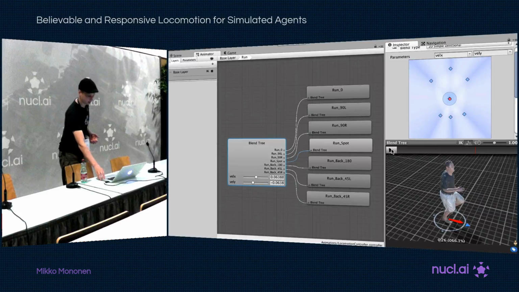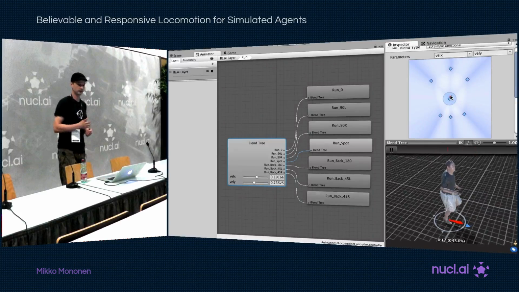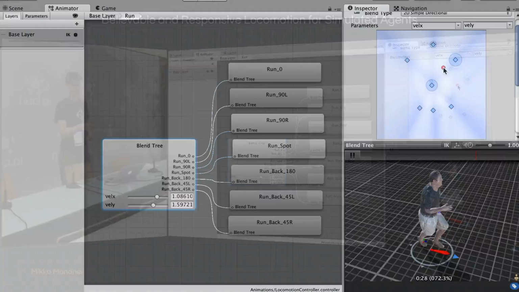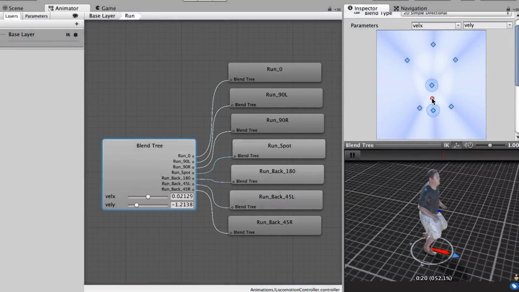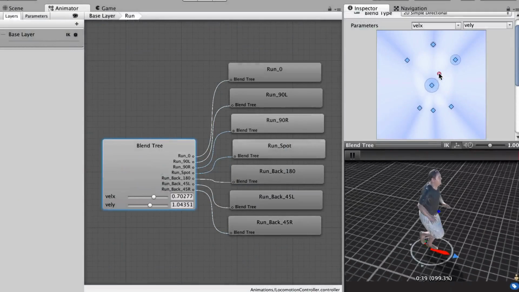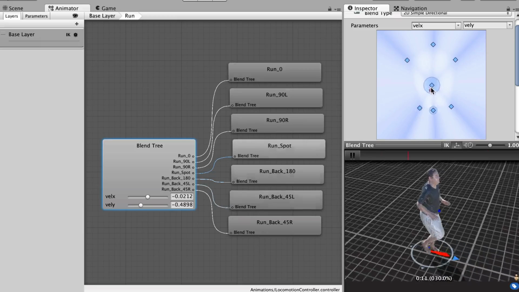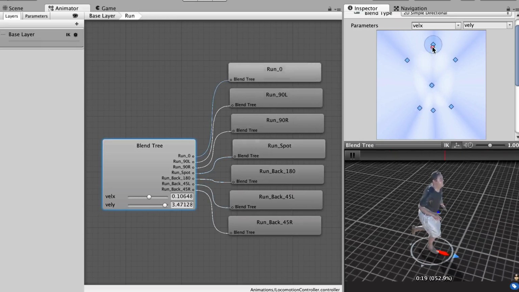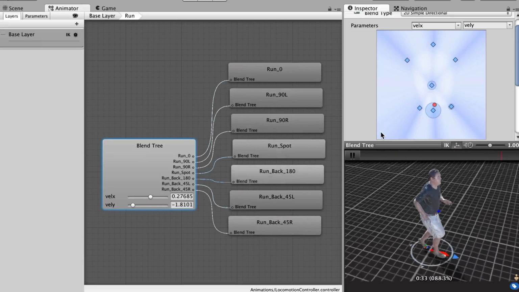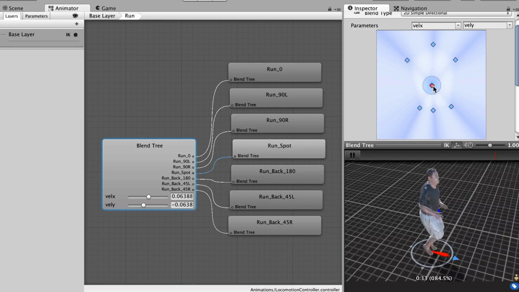So here we have a simple blend tree. As I move the red dots, which are basically the values I feed from the simulation, I get these different kinds of movements in different directions. One thing to note here, which I've found is controversial especially with animators, is that we have this jogging on the spot in the middle.